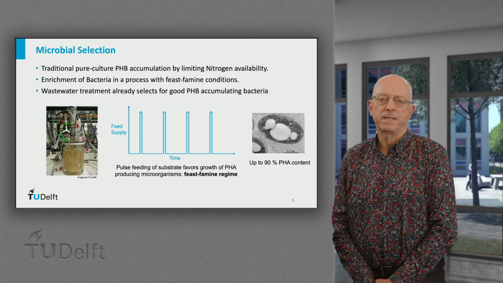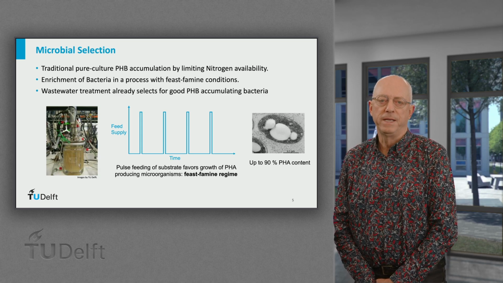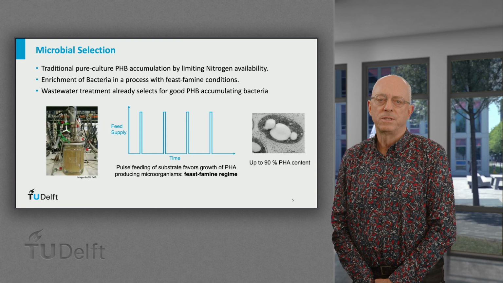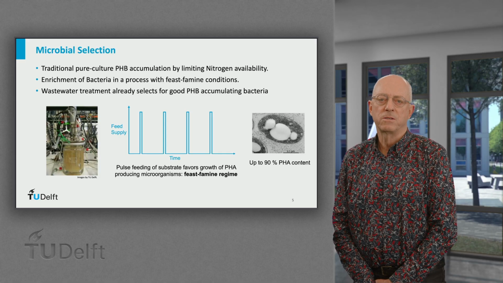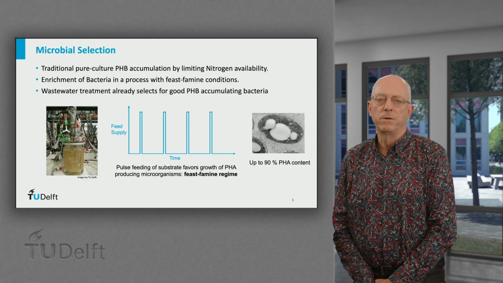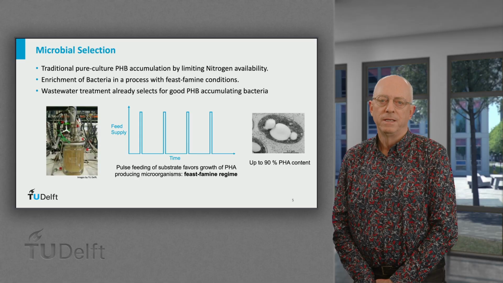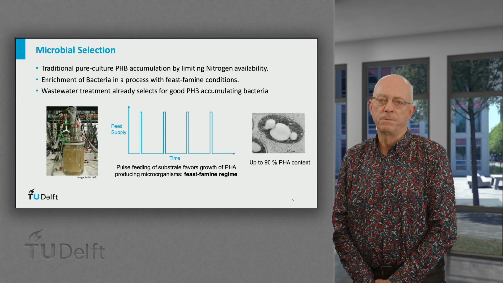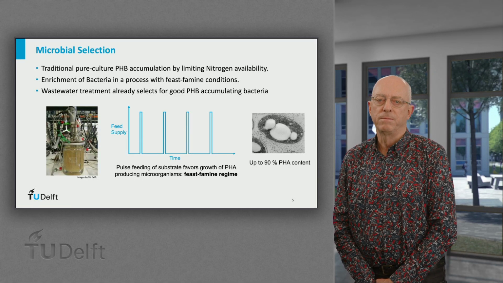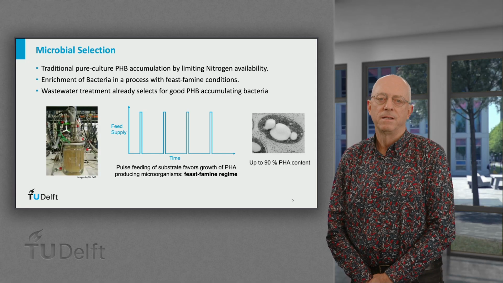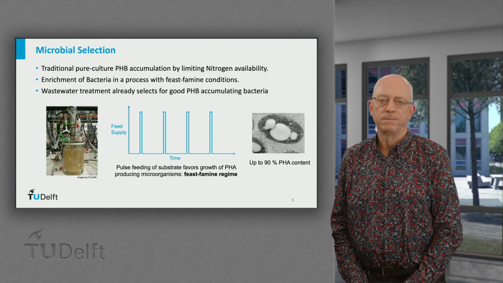Now, how do we select bacteria that produce large amounts of PHA? In pure cultures, we can simply limit nutrients like nitrogen to stimulate PHA storage. But in mixed or open cultures, we use what is known as feast-famine selection. Here's how it works. Instead of feeding a continuous flow of substrate, we operate a sequencing batch reactor or a continuous mixed reactor operated in pulses.